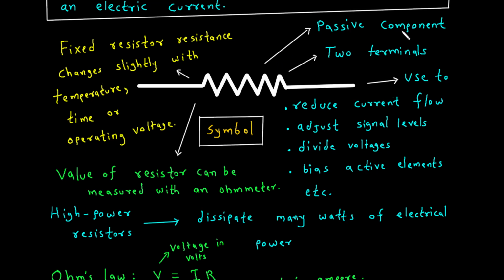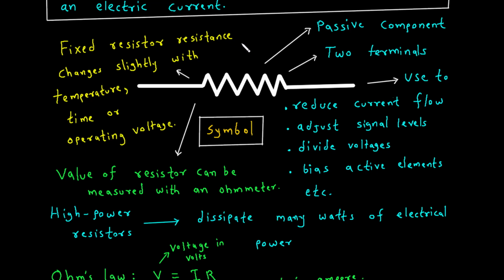It is a passive component and it has two terminals. As we can see, this is one terminal and this is the second terminal. Used to reduce current flow, adjust signal levels, divide voltages, bias active elements, etc. These are the applications of a resistor.